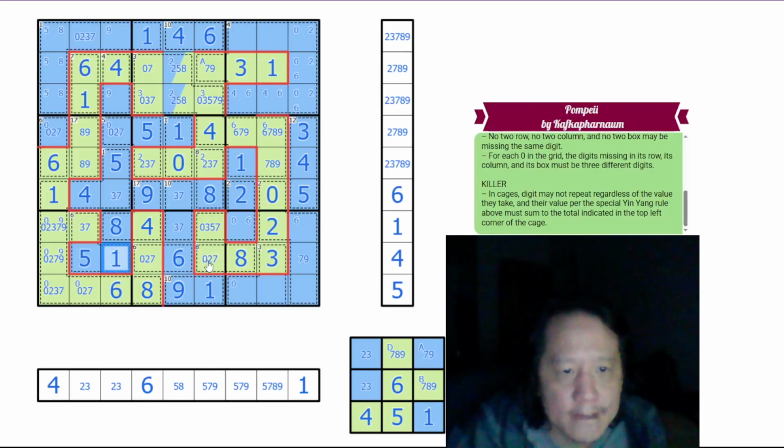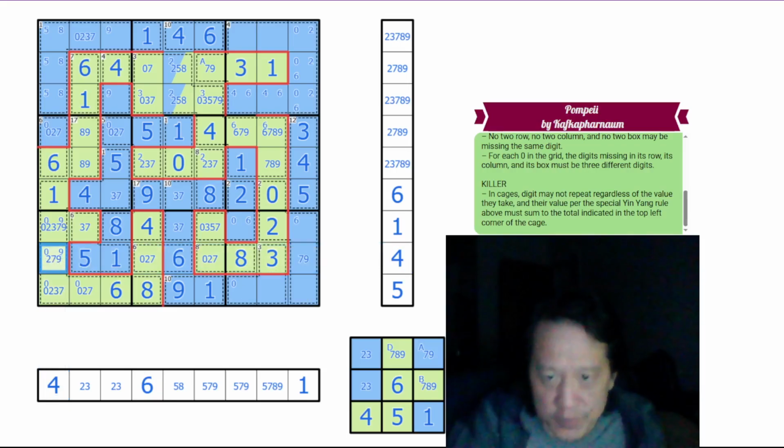This cannot be 0. If this was 0, it's missing both a 4 in the column and the 4 in the row. So this is not 0.